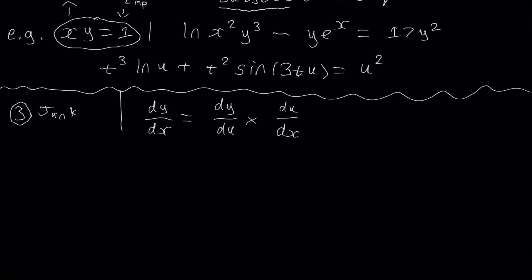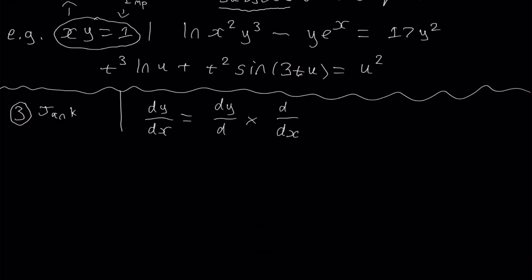Now, if we consider our dy, dx, and du terms as singular variables, which isn't mathematically correct, but if we consider that, what we can do here is we can actually erase the u from these equations. There we go.